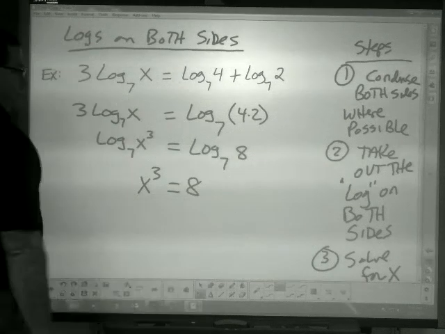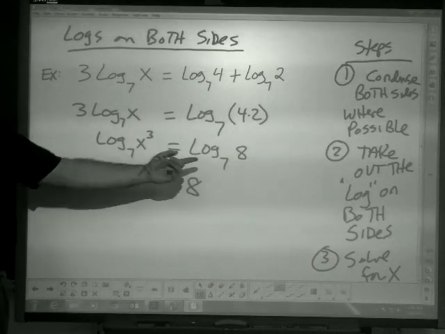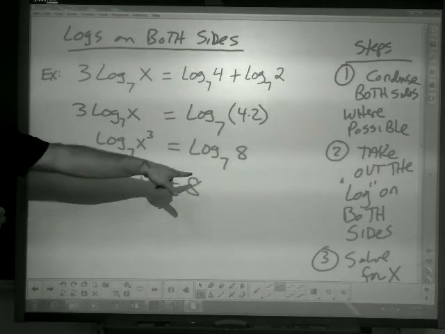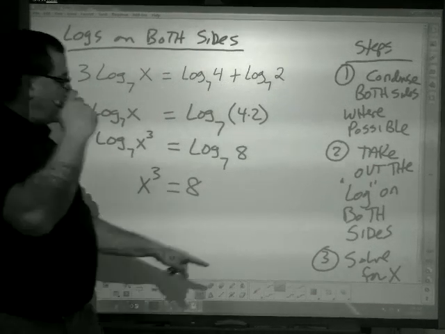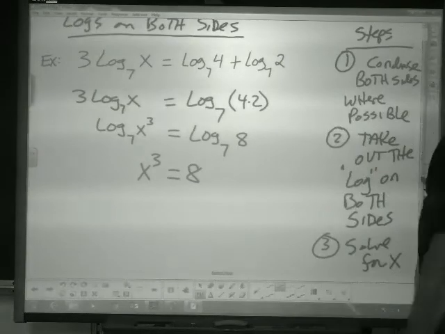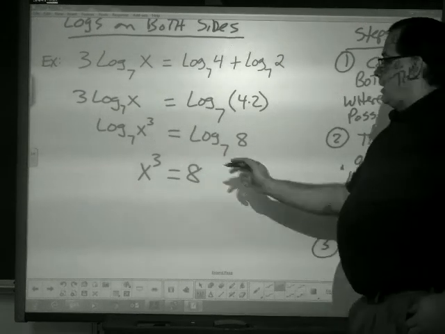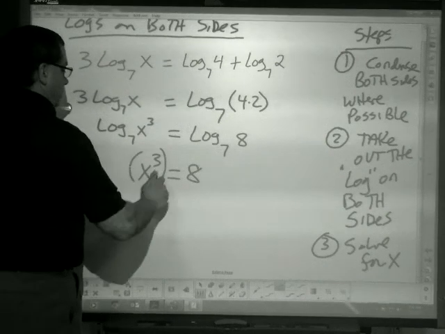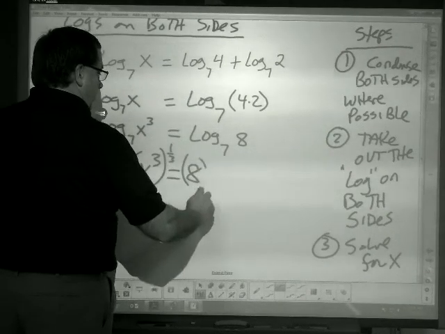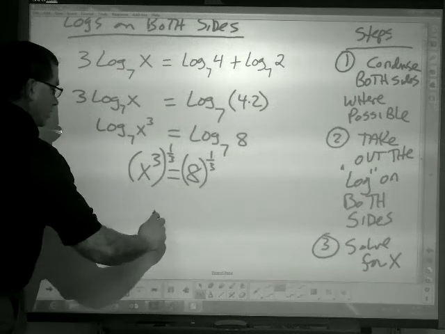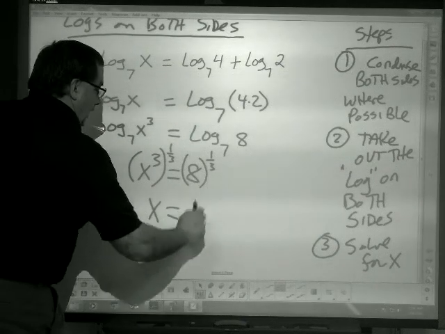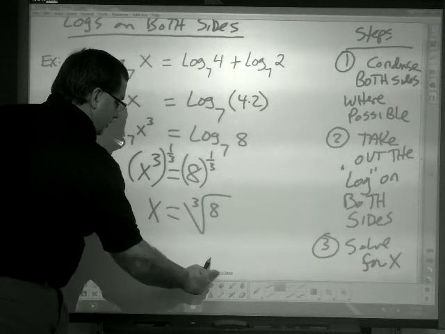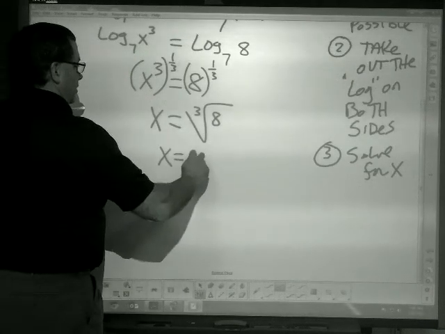It's the same base. If they weren't the same base, you couldn't do that. And now solve what's left for x. I'll undo a cube by taking the cube root or raising each side to the 1/3 power. So x equals 8 to the 1/3, which is the cube root of 8, which we know then is 2.